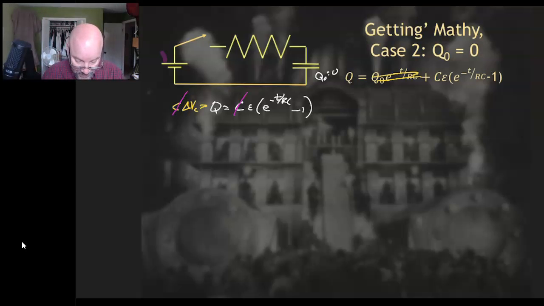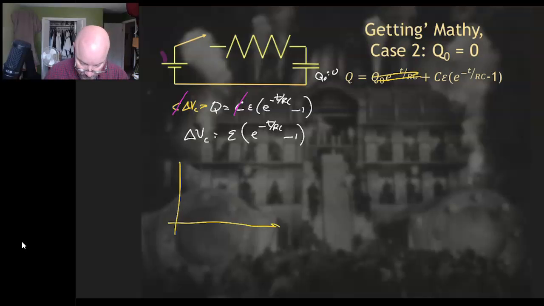Our C values are going to go away at that point, and we can see that the voltage on the capacitor at any point in time is just going to be whatever the EMF value is, times e to the minus t over RC minus 1. Now let's go ahead and graph that here.